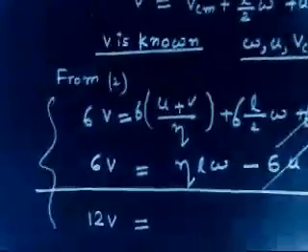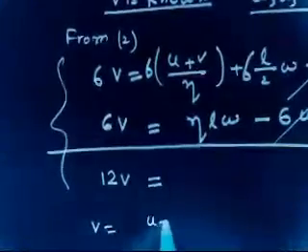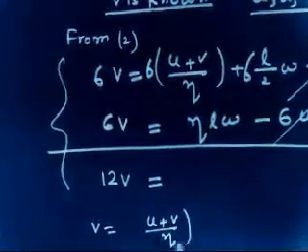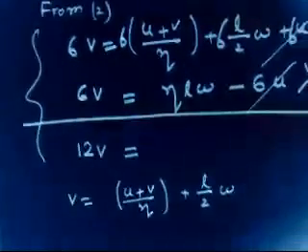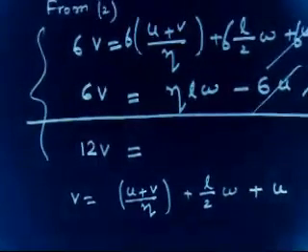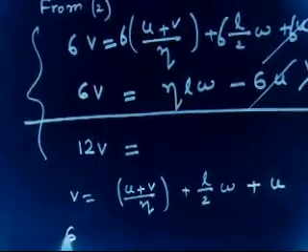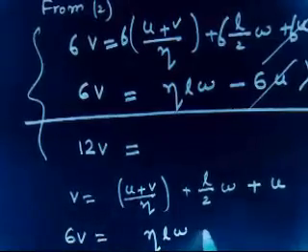Let us write this equation again. We have v equals (u plus v) by eta plus L by 2 into omega. The same equation I am copying, and the lower equation is 6v equals eta L omega minus 6u.